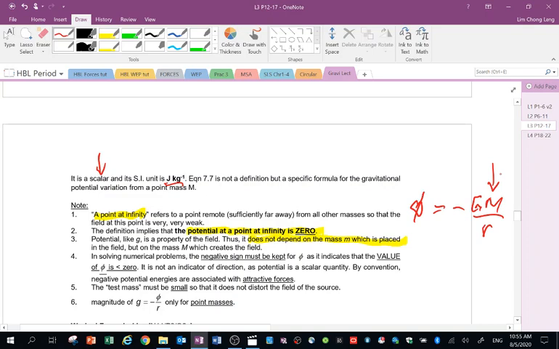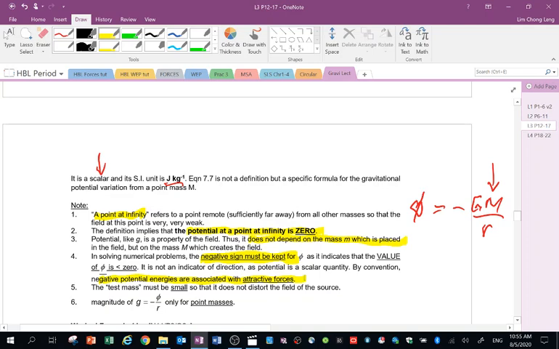It does not depend on any small mass around it. Four, the negative sign must be kept for potential. Yes, because we know it is a negative work done per unit mass. So the negative sign is important. And negative sign is also associated with attractive forces. Gravitational forces are attractive forces.